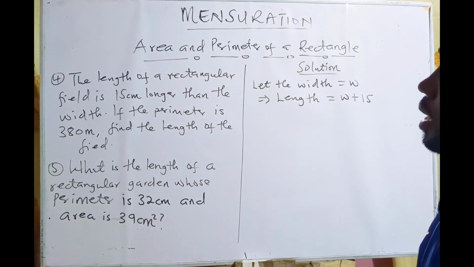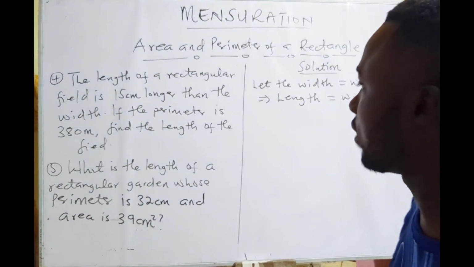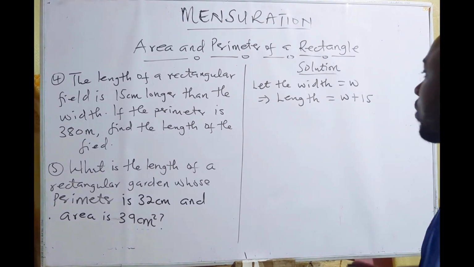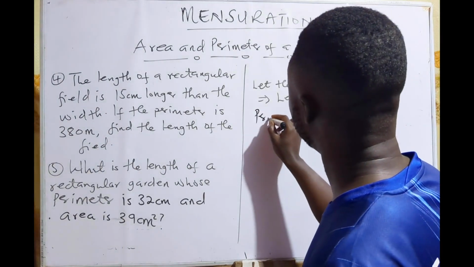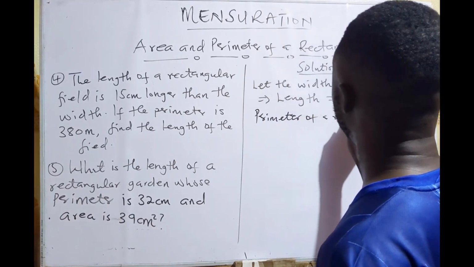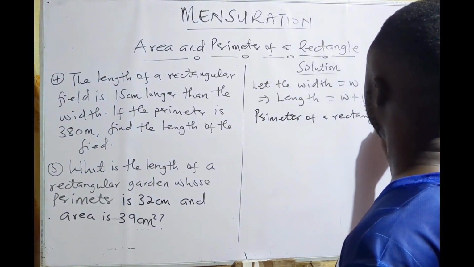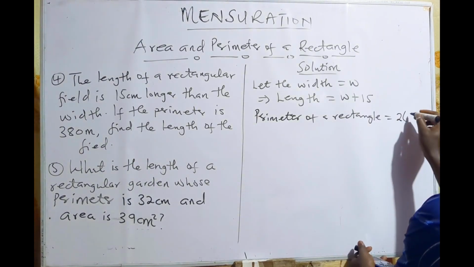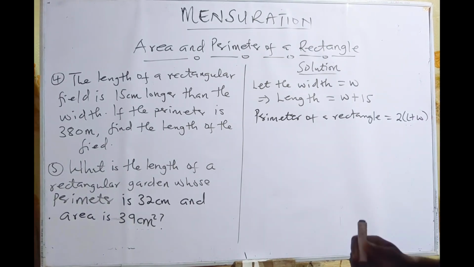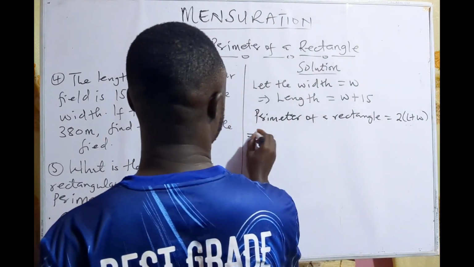All right. And it says if the perimeter is 380, find the length of the field. Okay. So the perimeter is 380. And what is the perimeter of a rectangle? You know, 2 times the length plus the width. So this is the perimeter, and we are given the perimeter as what?